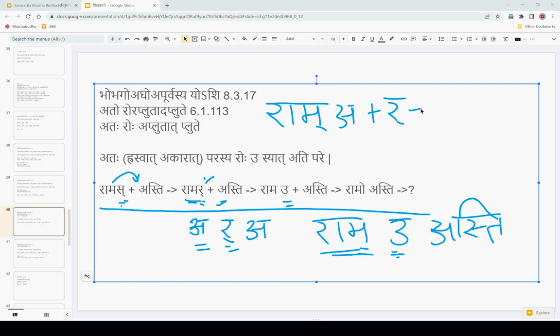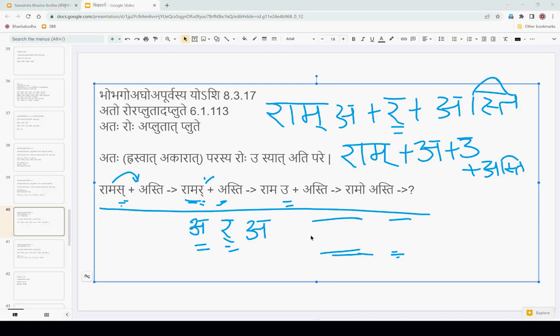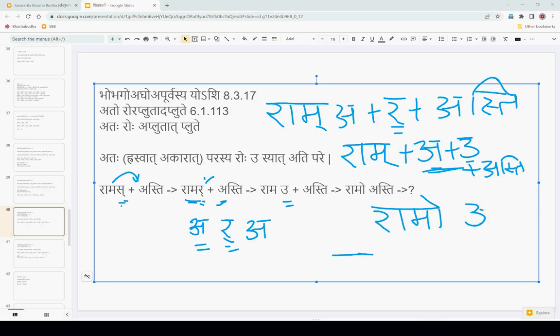Rama plus a, then refa, then asti is there. Then what we are doing? In this refa's place, we are bringing u. Then asti is still there after that. Then what happens? Ram plus a plus u. A plus u becomes Ramo asti.